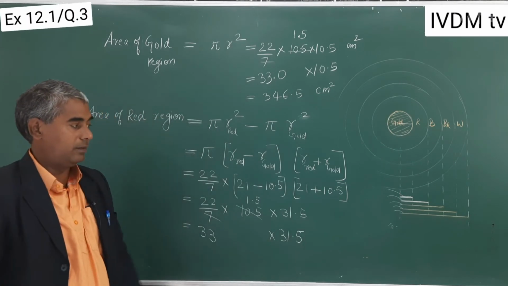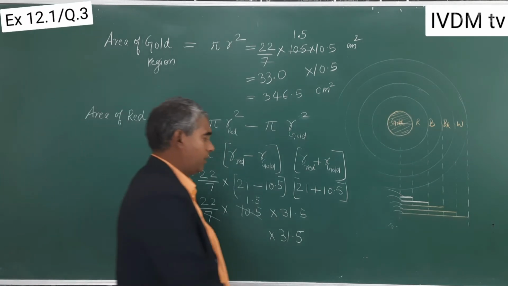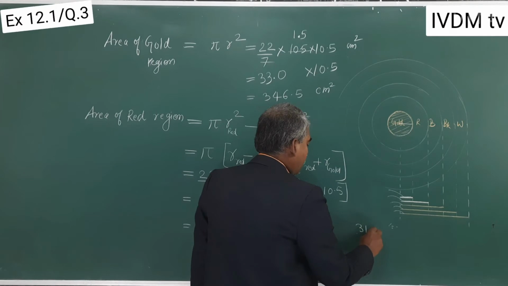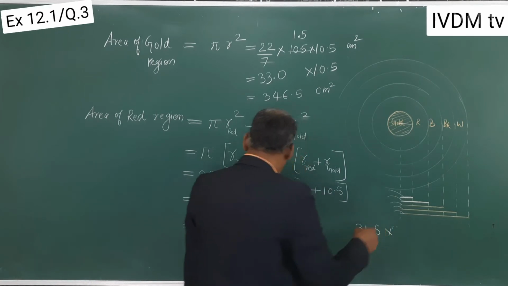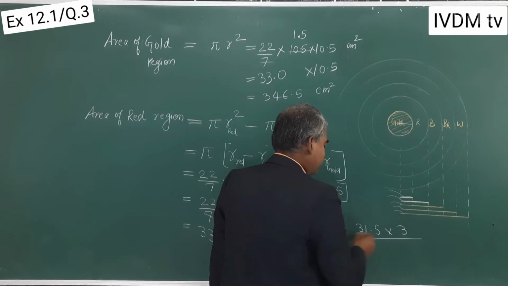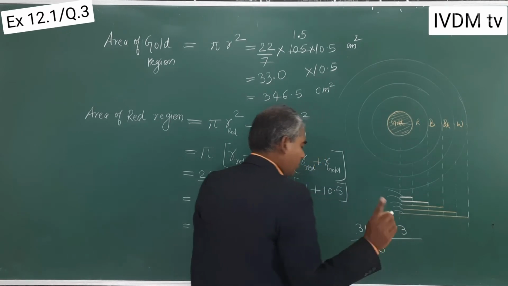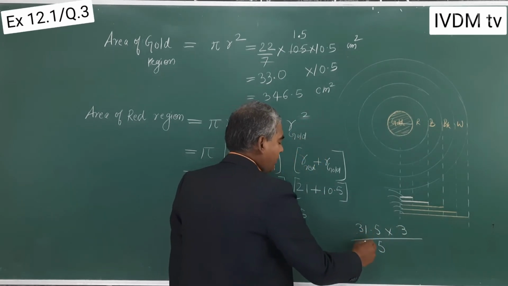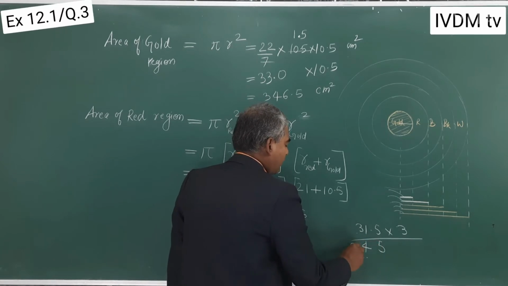Multiply this in your rough work. 3 fives are 15, carry 1, 3 ones are 3, 4, 3 threes are 9.